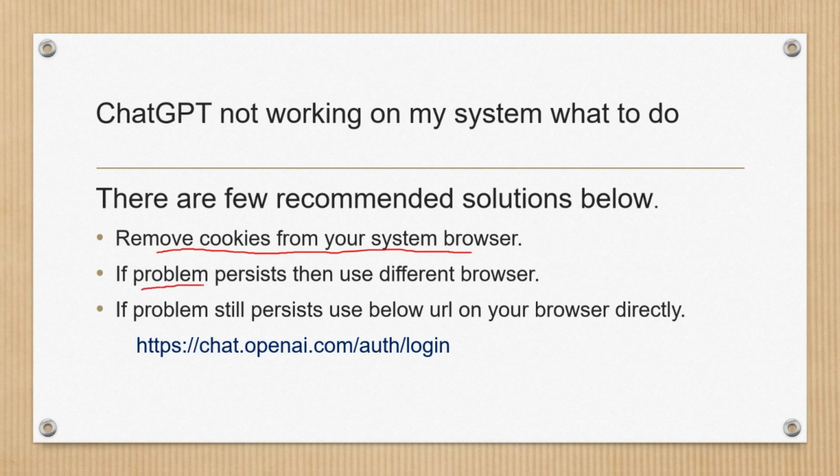If the problem still persists, you can use a different browser. Suppose you are using Google Chrome, you can use Microsoft Edge. Internet Explorer is phased out, so I don't recommend using that, because Microsoft no longer supports Internet Explorer.